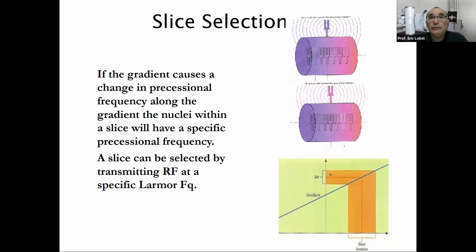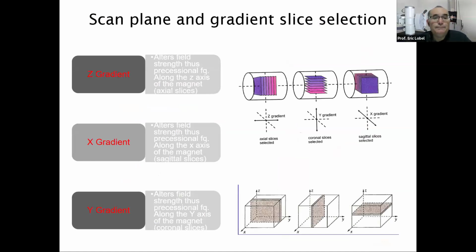Once we have that love connection, then the energy will be absorbed. Remember, if we don't have that connection, if the frequency that we send in doesn't match the precessional frequency that is there, energy will not be absorbed. Net magnetic vectors of all the tissues will not flip over, and then there'll be essentially nothing to relax or decay, and we won't be able to measure T1 or T2 respectively.